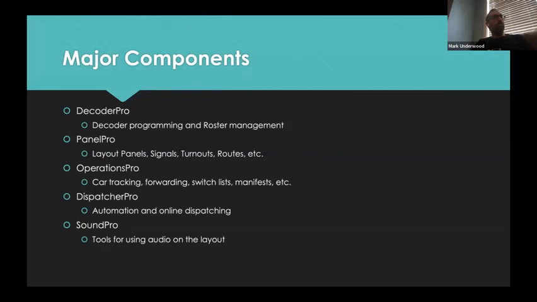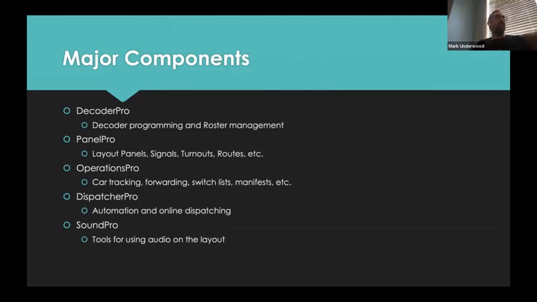You can save the settings from a decoder onto your computer. So let's say a decoder gets fried and you need to replace it. You can buy a new one of the same model, plug it into the locomotive, and program it with those same settings that you had stored, and you're back to normal.